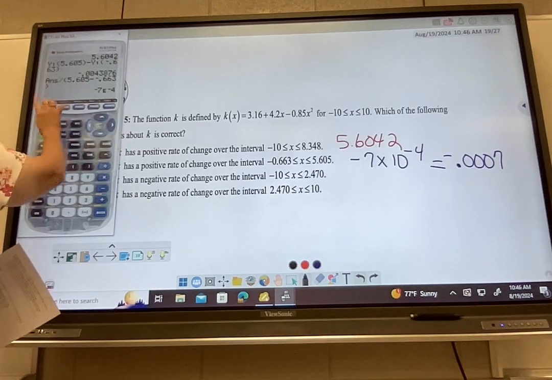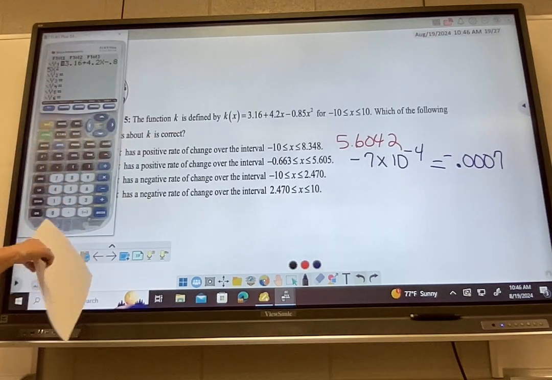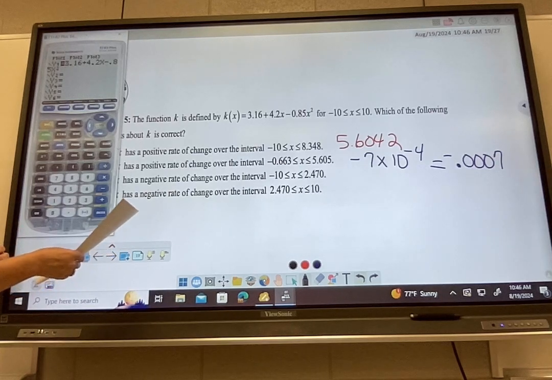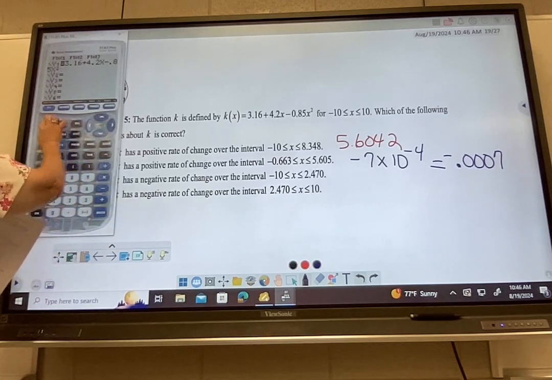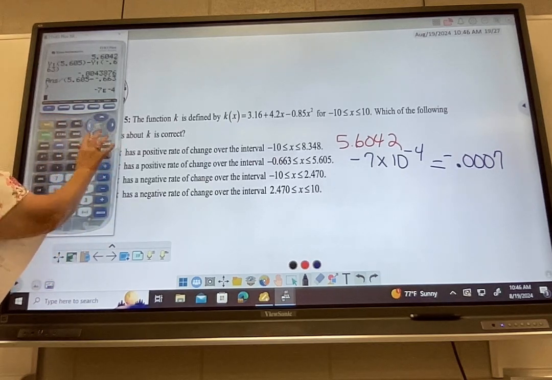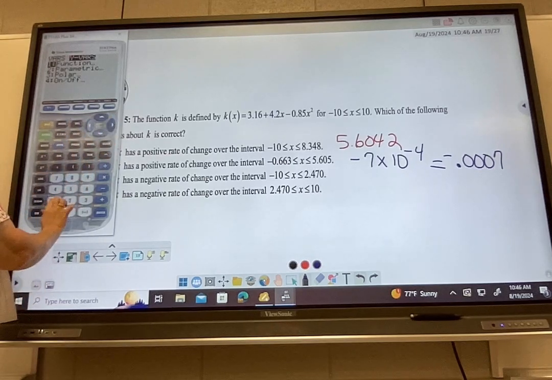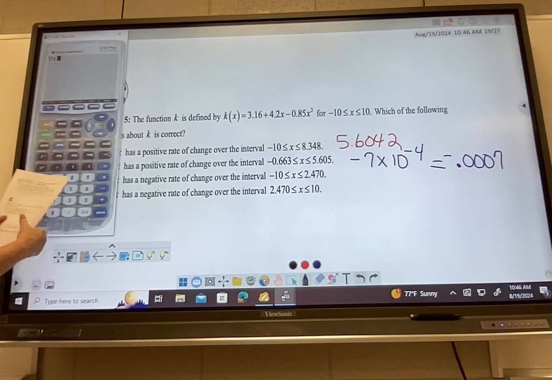First of all, we'll make sure I typed the whole thing in right. 3.16 plus 4.2x minus 0.85x squared. I did. Okay. And we're going to do that first one again because something went awry. Y vars, 1, 1.